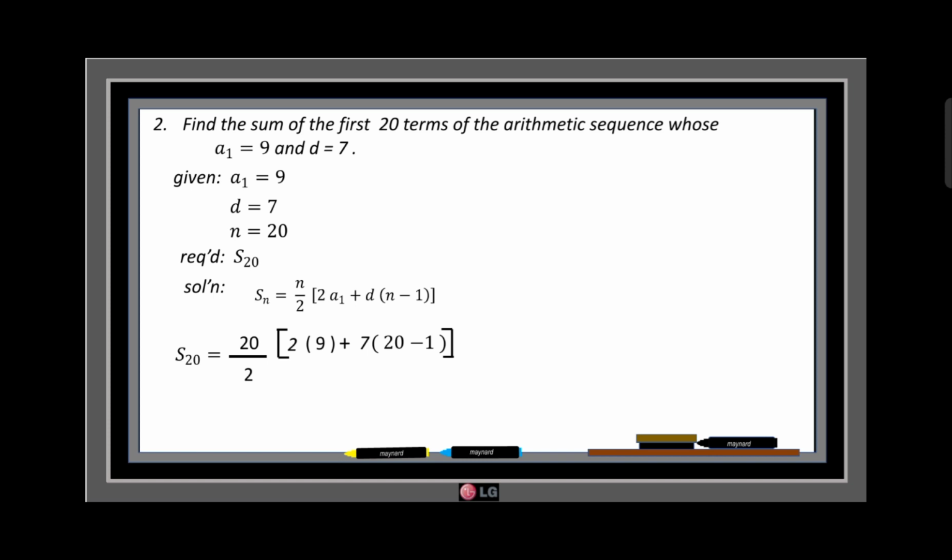Okay, close bracket. So, yung 20 can be divided by 2 kasi even number yung numerator natin. So, that will be 10.